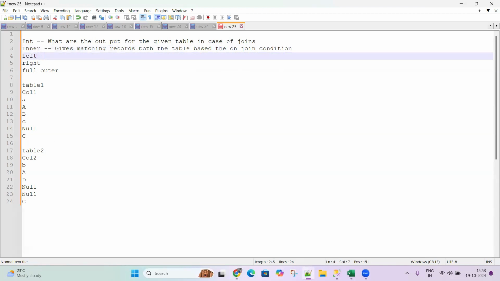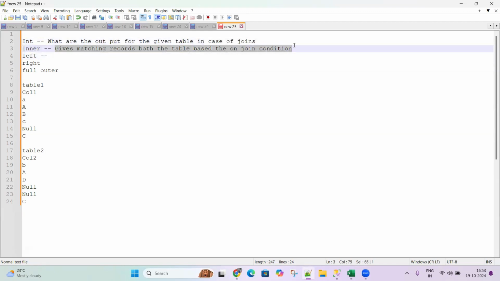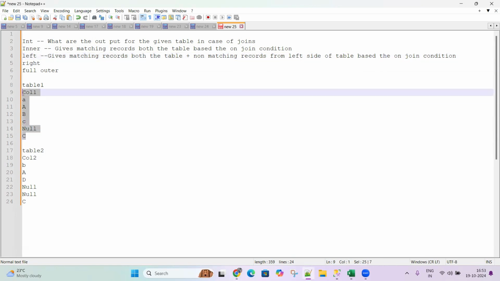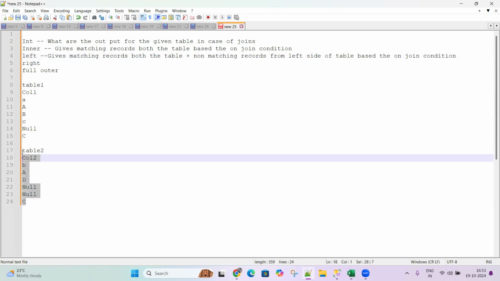Whereas a left outer join gives matching records from both the tables plus non-matching records from the left side of the table. So what is this left side? Suppose we have this as table one and this as table two.